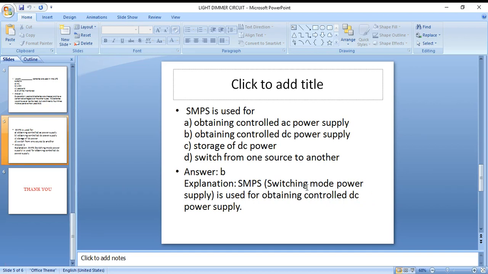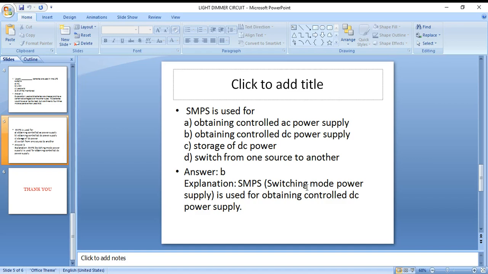Now the next question: SMPS, the switch mode power supply, is used for: option A, obtaining controlled AC power supply; option B, obtaining controlled DC power supply; option C, storing the DC power; option D, switching from one source to another.